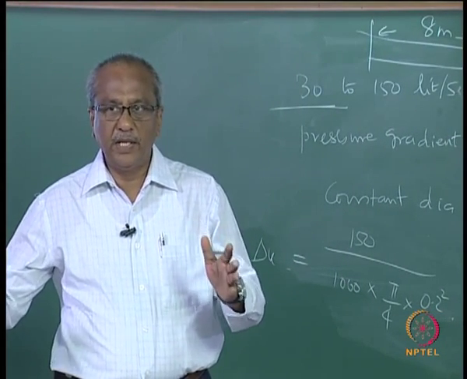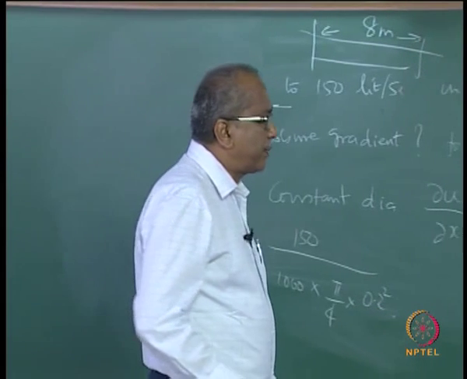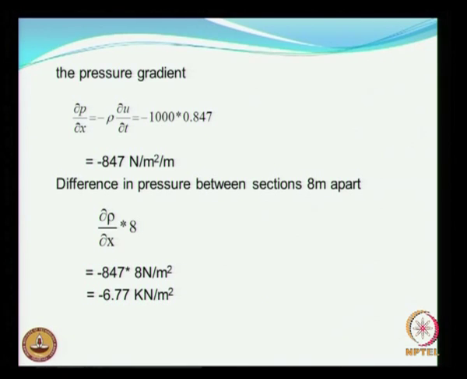The pressure drop here is per meter, but the problem is asking you to calculate the pressure drop over a distance of 8 meters, and that is going to be minus 6.77 kilonewtons per meter square. Is that clear? So this is a classical problem which helps us understand the application of Euler's equation of motion.